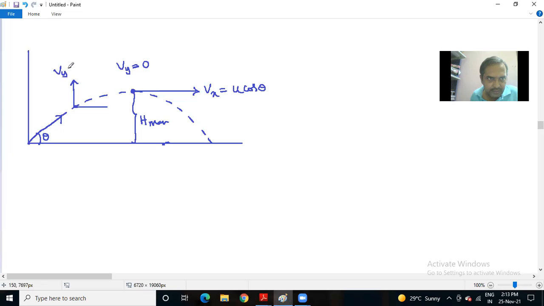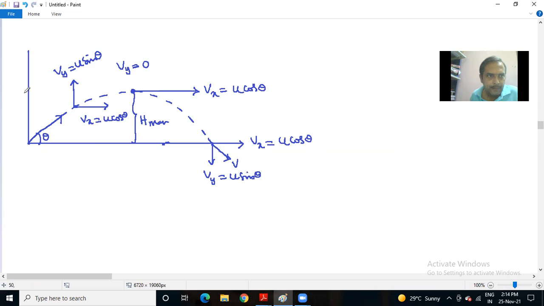So Vy is equal to u sine theta. Once again Vx equal to u cos theta. Even during the time of descent, this is the velocity. Once again this is Vx equal to u cos theta. So this will be Vy is equal to u sine theta downwards.